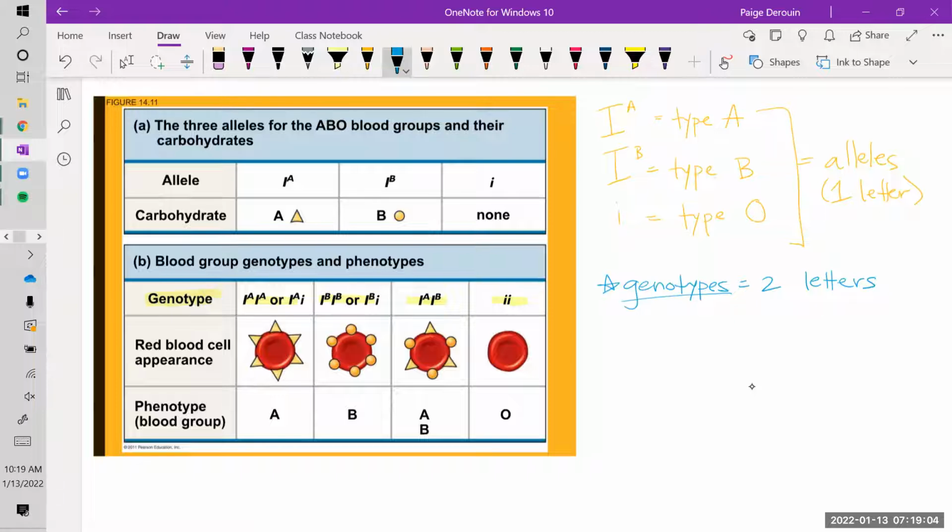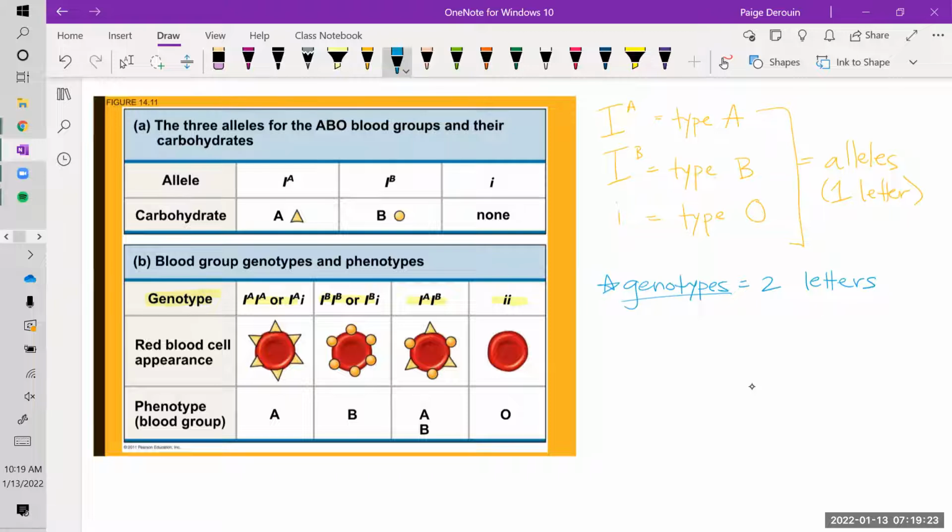If you have both an A and a B, though, you're going to have both traits. And if you have two little i's, you're going to have O. And what this is actually coding for, if you look at the pictures, is the glycoproteins that stick off of your red blood cells. And you have specific ones based on which blood type you actually have.